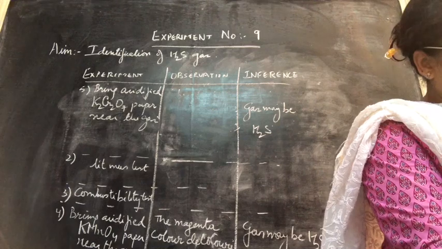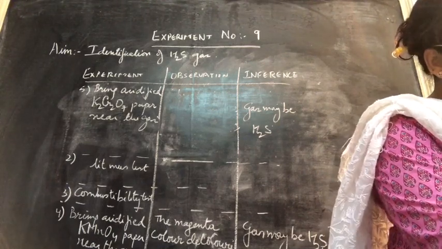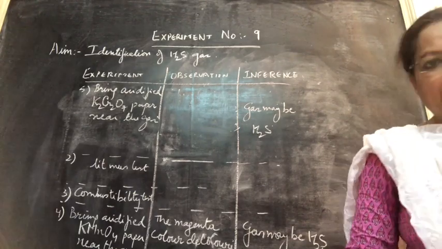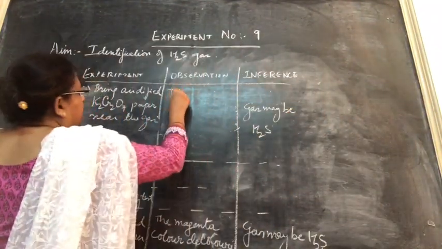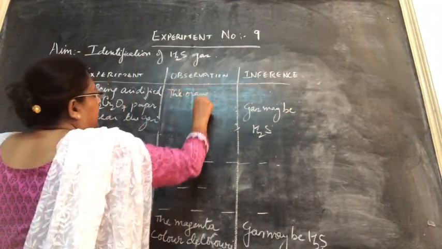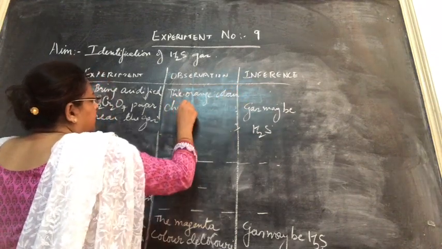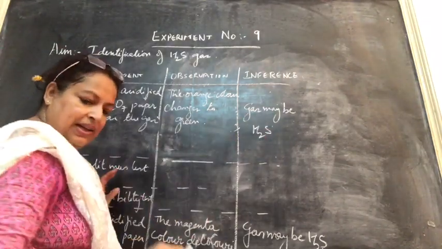It was orange color, right? So orange color changes to green, same as sulfur dioxide. The orange color changes to green. Gas and H2S, that is same.